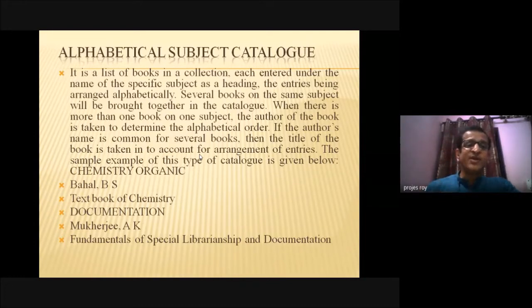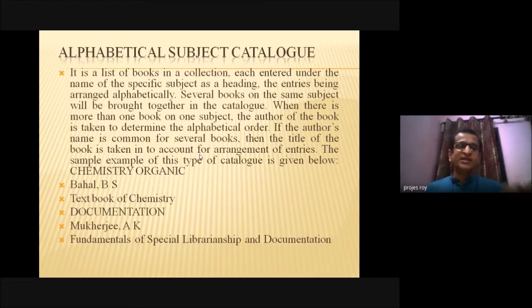The sample examples of that, here you can see, suppose a book written on economics. All the authors or different titles on economics, which is related to the subject of economics, can be clubbed together and create one sequence of catalog.